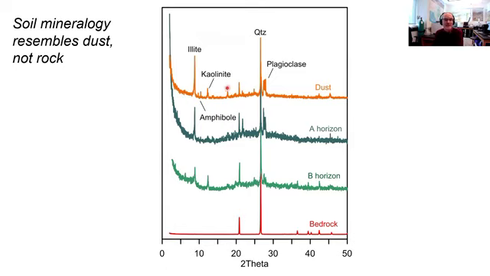This is an important bit of evidence that the soil is really strongly controlled by dust deposition. If the soil in this location were really strongly controlled by weathering of the bedrock, we wouldn't see all of these other minerals in the soil, which are not found in the bedrock. Again, a really simple and perhaps predictable conclusion, but one that without these types of data, you really can't test that idea. The mineralogy of the soil makes it pretty clear, though.